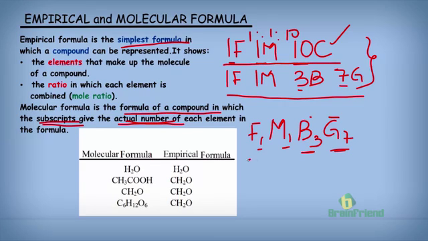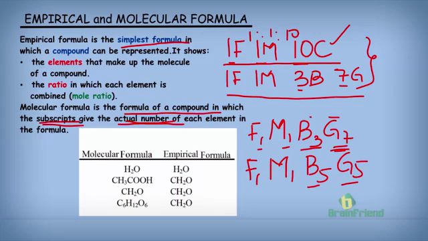But in her family, she may have 1 father, 1 mother, 5 boys, and 5 girls. Now you see that the empirical formula of our families are the same, 1:1:10. But our molecular formulas are different because you have 5 boys and 5 girls, while in my own family we have 3 boys and 7 girls.